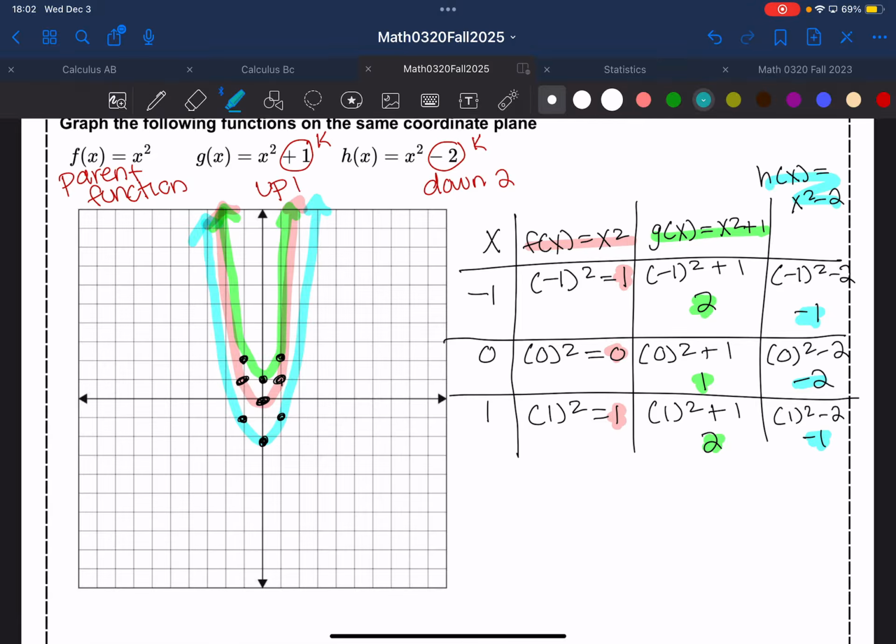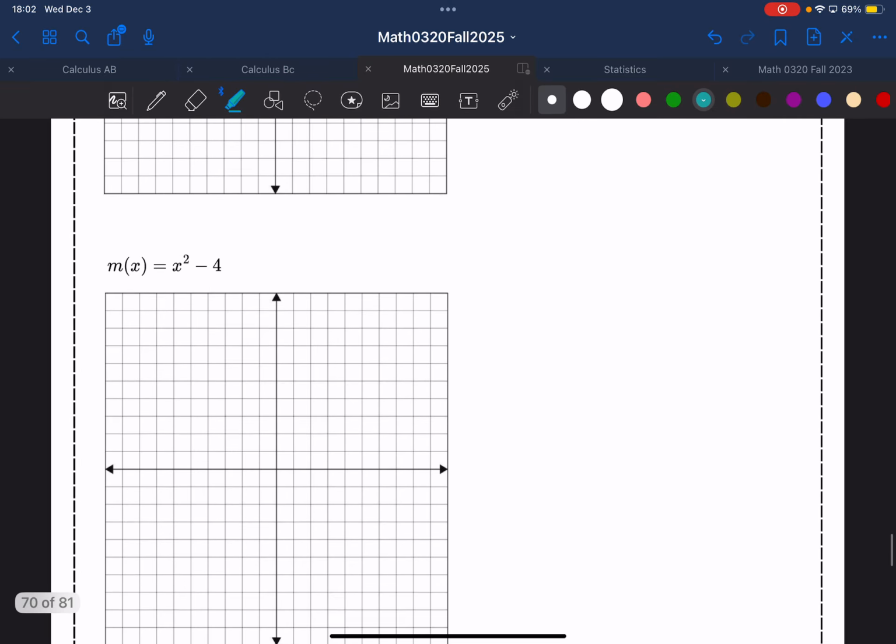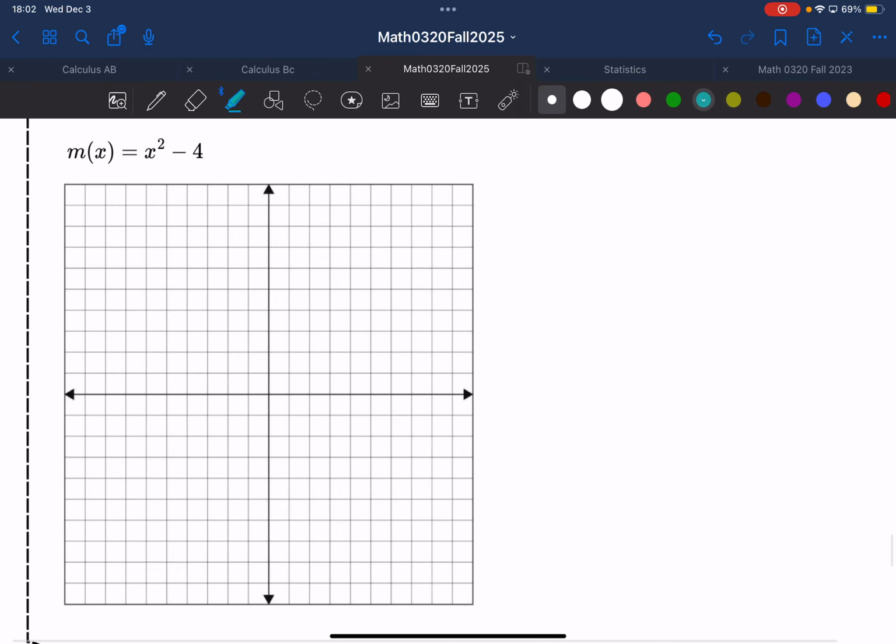Okay. Any questions on the first example? Okay. So now on this example, it just wants us to plot this.